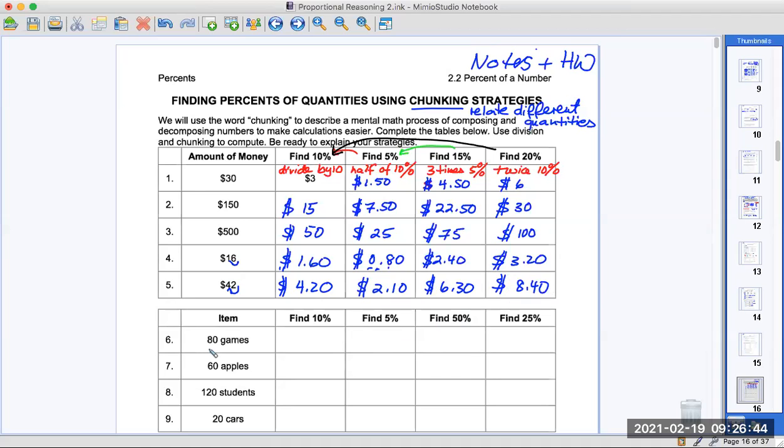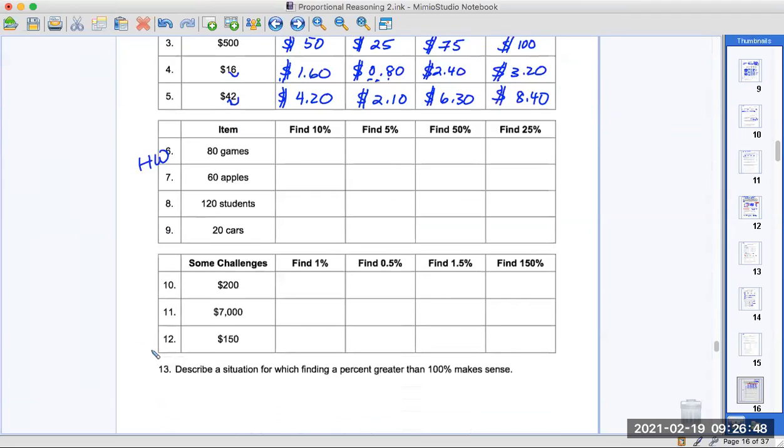So this is homework. The next section is your job. And then down here, there's a challenge. So we're going to do the homework, but I'm going to give you clues. 1%, it's super important to know how to find 1%. To find 1%, divide by 100.